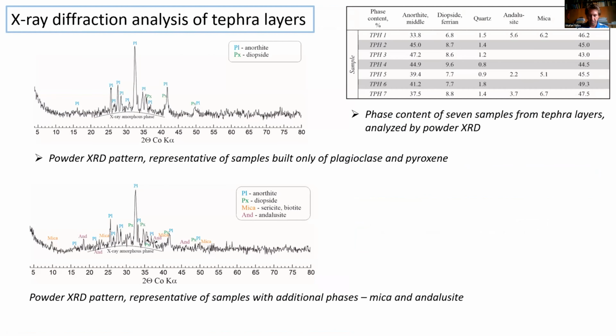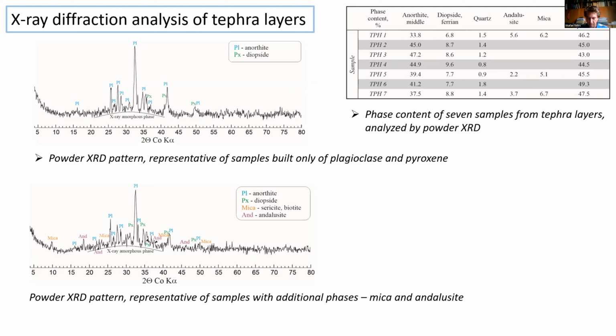In this research, data about the mineral composition of the tephra layers from this glacier is shown for the first time. The X-ray diffractometric assay shows uniform phase composition of the crystal component: plagioclase between 34 and 47%, and pyroxene between 7 and 10%.